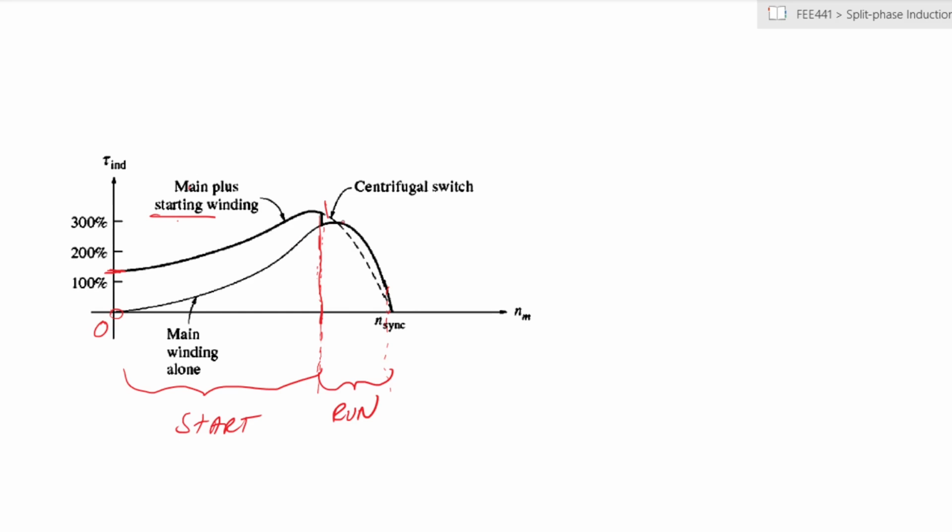And if you look at the characteristic, it gives us a more vertical characteristic along that line, which is our main operating area. If we were to maintain the starting winding or the auxiliary winding in, it would be a gentler slope, which gives us a lower power conversion.